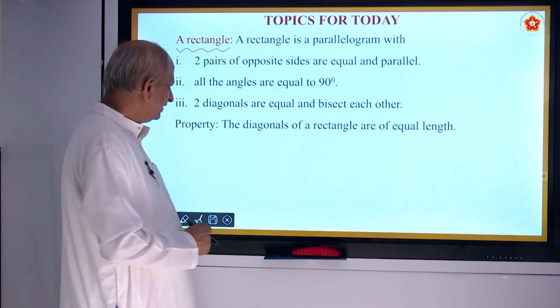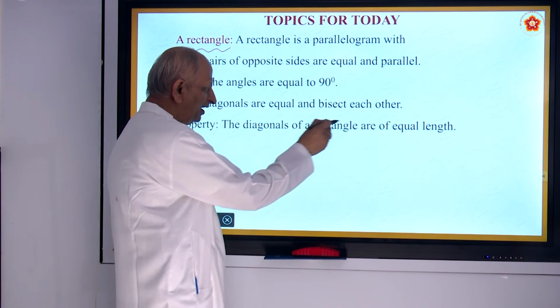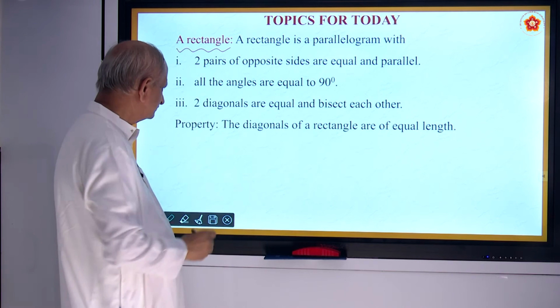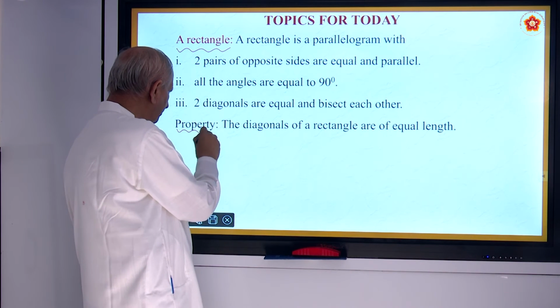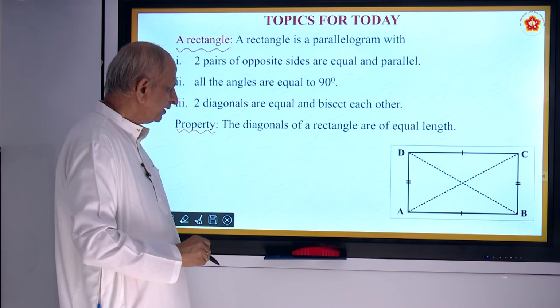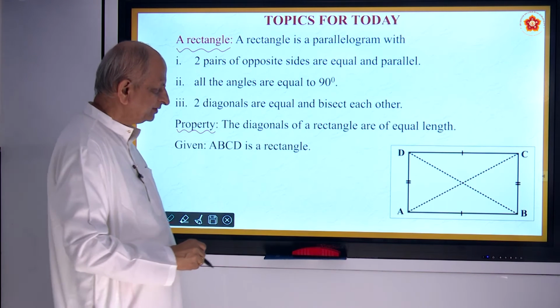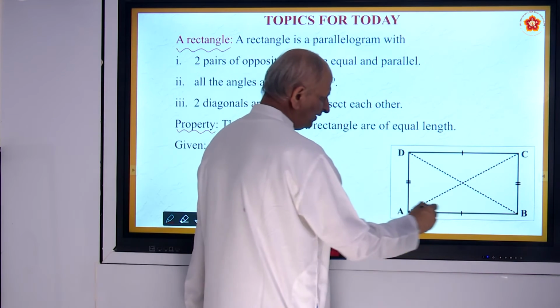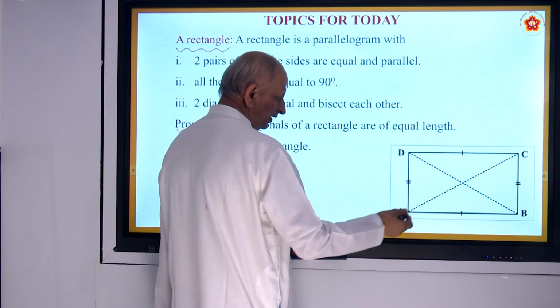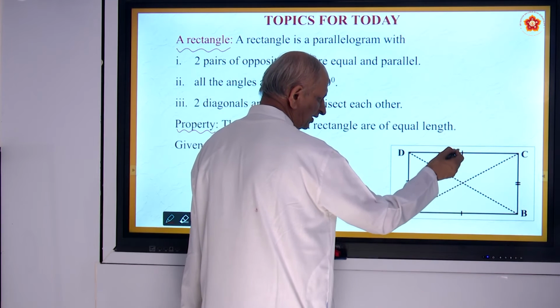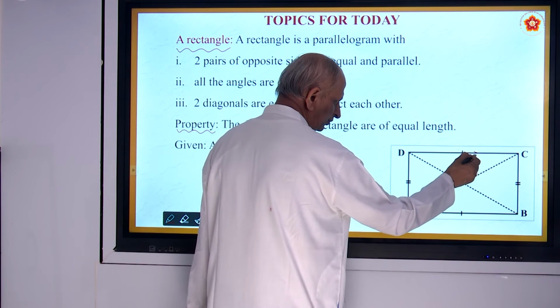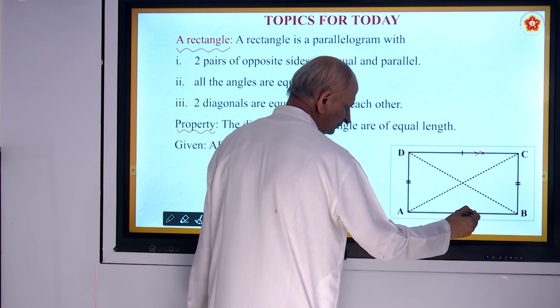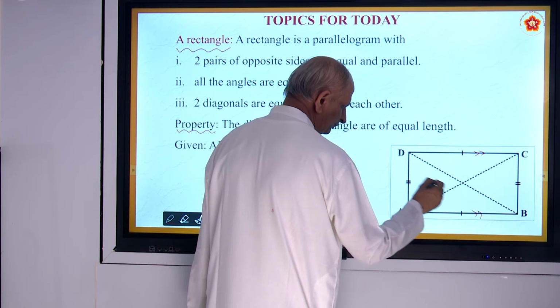Now we are going to prove the diagonals are equal in length. For that, we will start with the drawing of a rectangle ABCD. In it, we know that opposite sides are equal and also parallel. This is how you mark it.